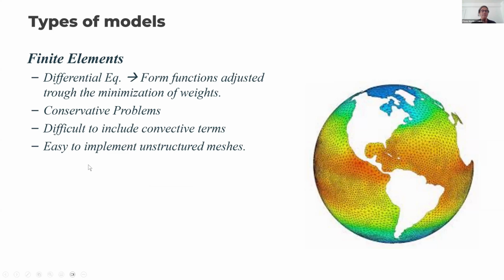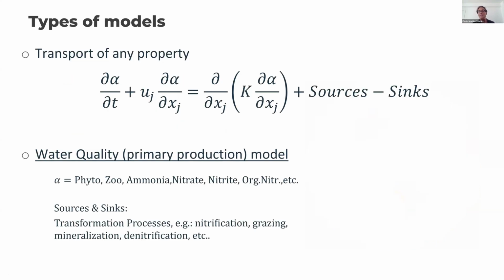So usually they are not very popular in fluids. The big strength is that it's easy to implement an unstructured mesh, but in the finite volumes it is also possible to implement an unstructured mesh. So, well, anyway, these are the different methods that are popular. There are others, but these are the most important.